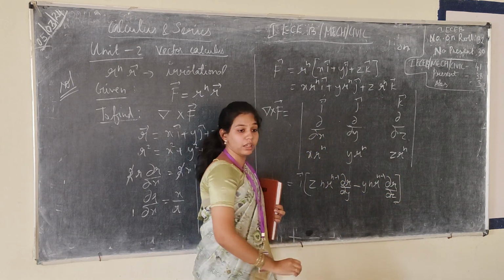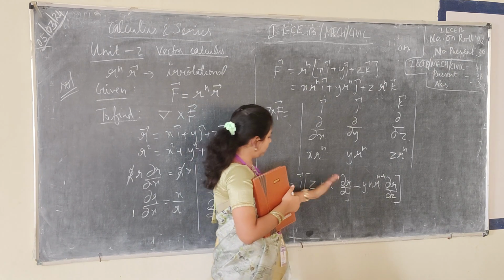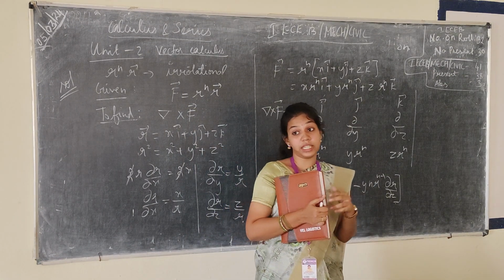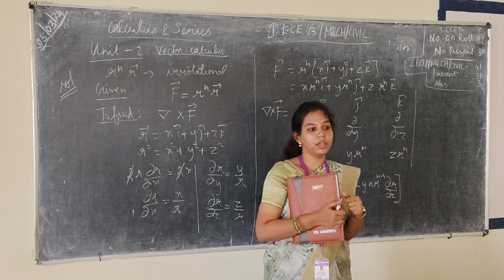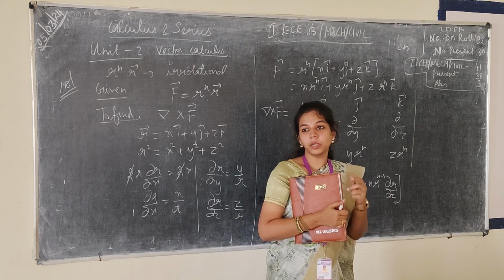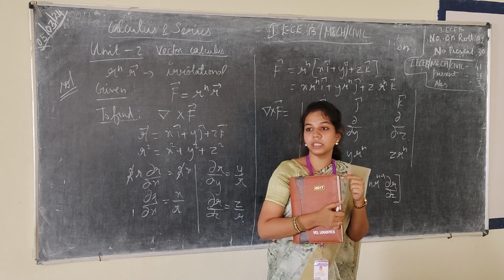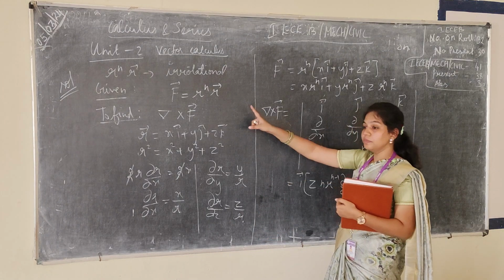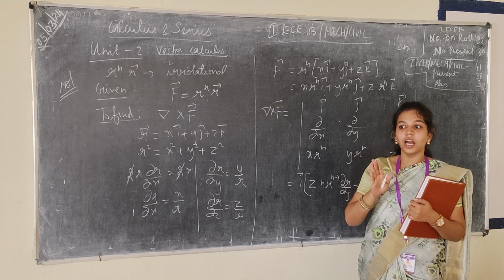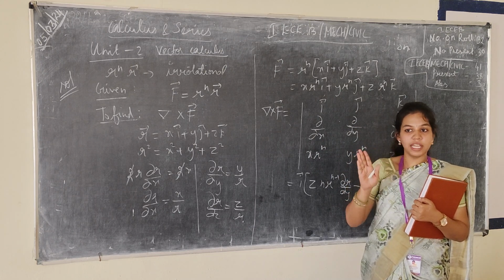One thing, we can proceed similarly, plus j into. I have already told you, it is in a cyclic way. What do you mean by cyclic way? Cyclic process, cyclic variables. Here the question is saying r vector is x i vector, y j vector, z k vector.